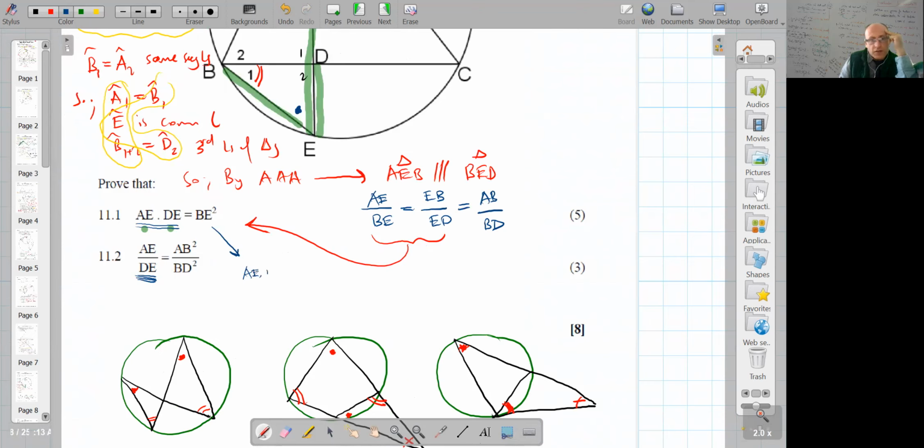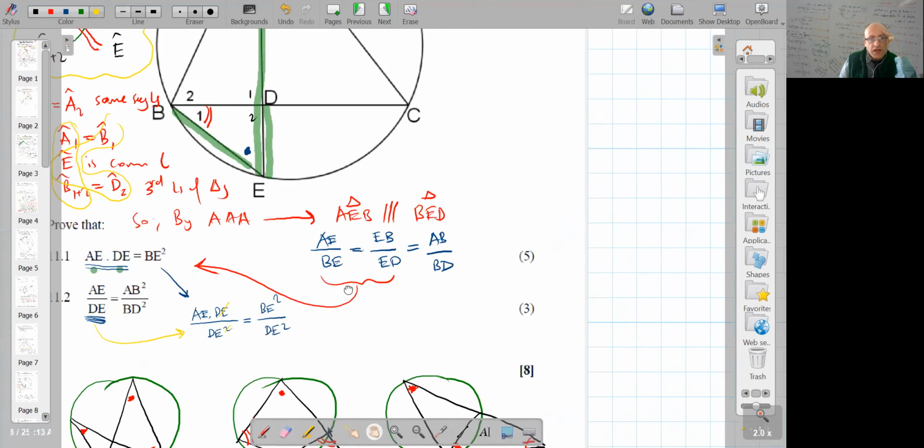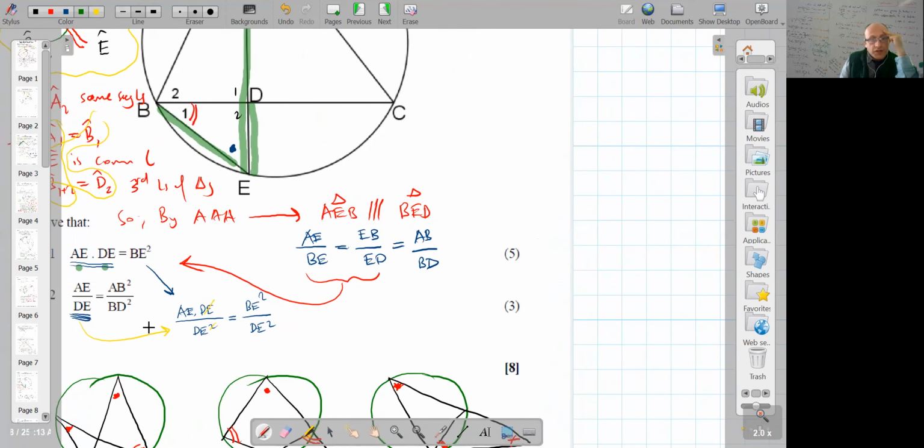So AE times DE over DE square is equal to what? BE square over DE square. So this way I actually got at least the one on the left. So now what is BE square over DE square? So that must be equal to AB square over BD square. Now that's my job to show that.